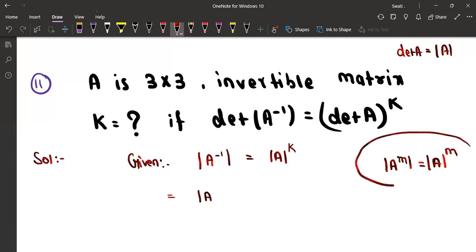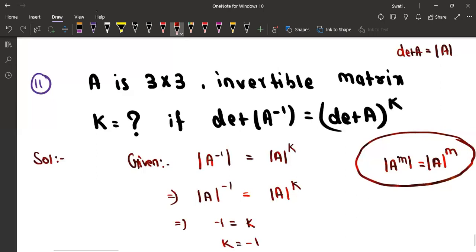So using this property, clearly I can write this as this and this as this. Now, by using the property of exponents, we know that if we have the same base, then the powers are equal. So we have the same base, and of course the powers are going to be equal. That is why the value of K is -1. So we got the value of K.